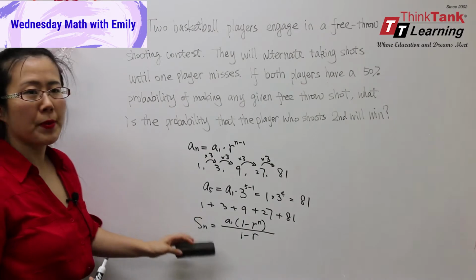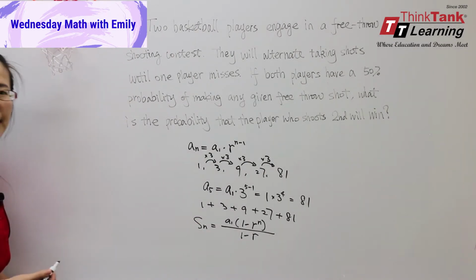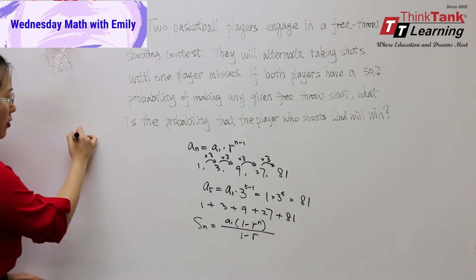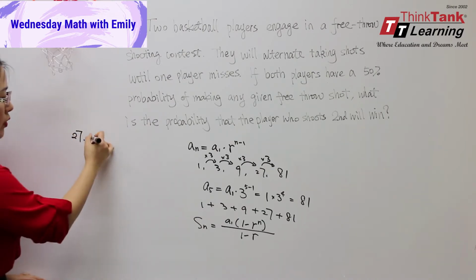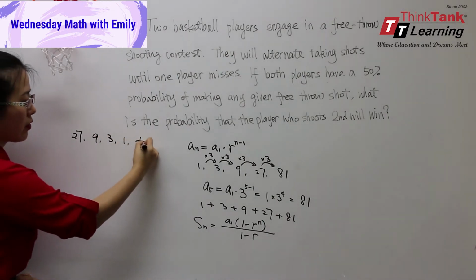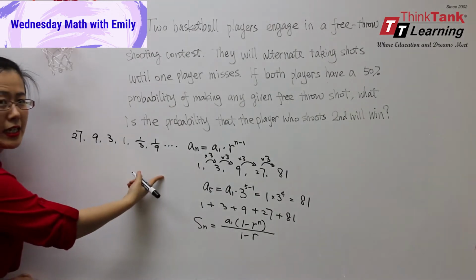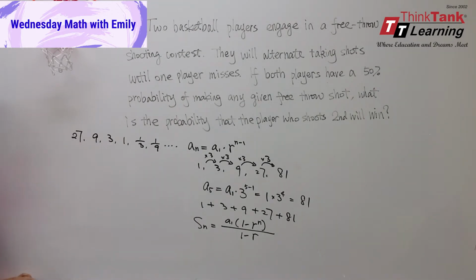If a geometric sequence is decreasing, meaning the common ratio is less than 1, for example 27, 9, 3, 1, 1/3, 1/9, and so on, then even if it has unlimited terms, we can still find its sum.